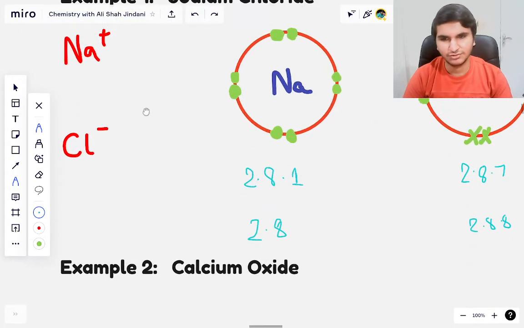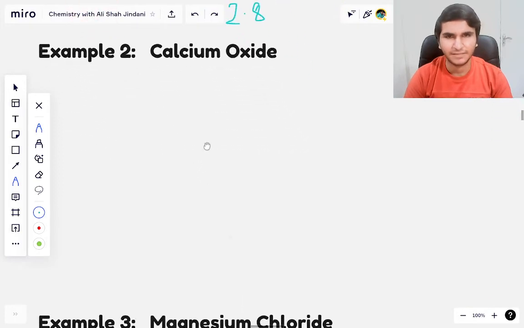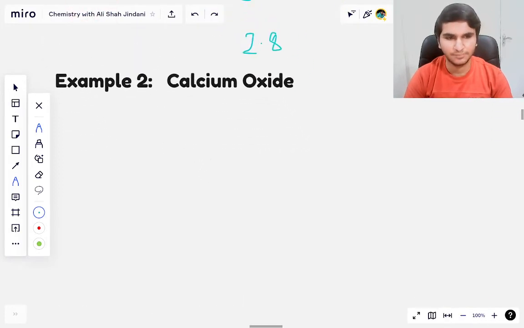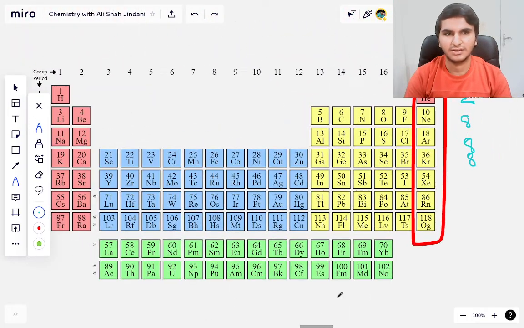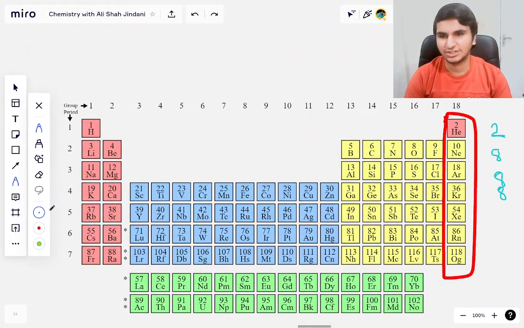Now we are going to do another example of calcium oxide. So let me show you the periodic table. Calcium is in the second group. Here you can see calcium. And once again, we're talking about oxide. So oxide is in group 6, right? Group 2, group 6.